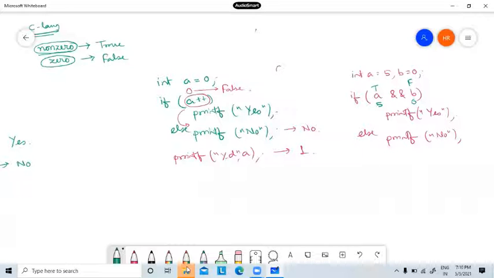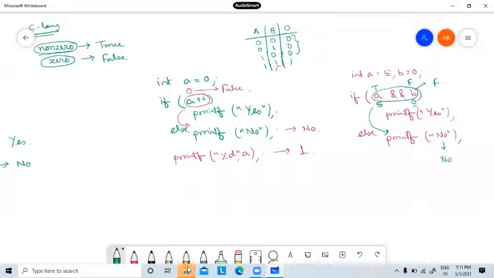If there are two inputs, the output depends like this: 0 0 gives 0, 0 1 gives 0, 1 0 gives 0, 1 1 gives 1. It means if any of the inputs is 0, then the output of the AND gate is 0. So this one is 0, false. So the output of the total a and b is false, 0. So it will move into this part and it will print the output as no.